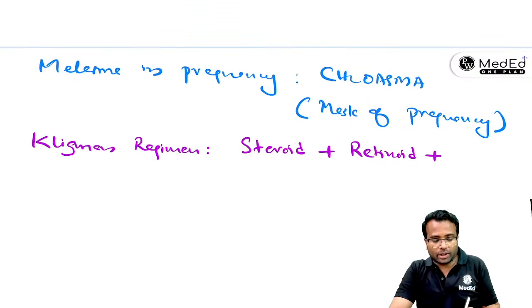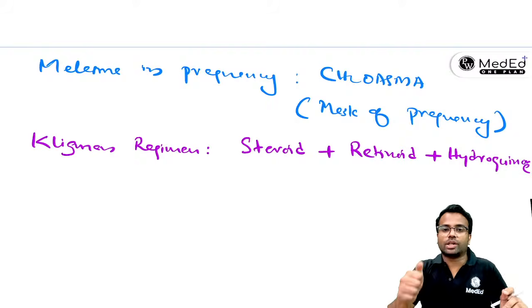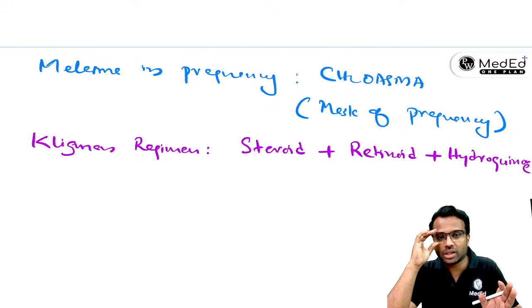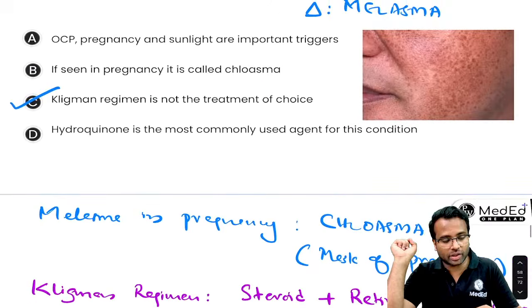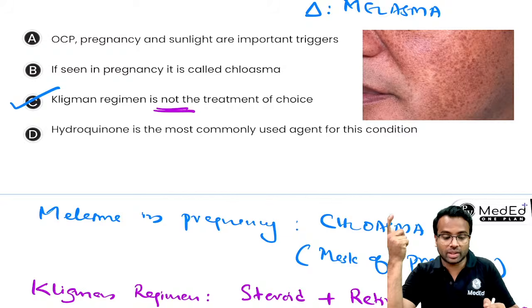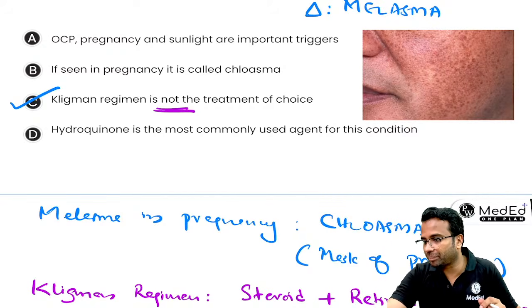And along with this retinoid, there is hydroquinone as well. So steroid plus retinoid plus hydroquinone. This magic combination works wonders in cases of melasma. This is called the Kligman regimen. So the statement that it is not the treatment of choice is wrong. It is actually a treatment of choice in cases of melasma. Is that clear?